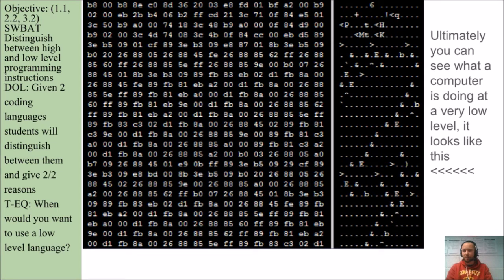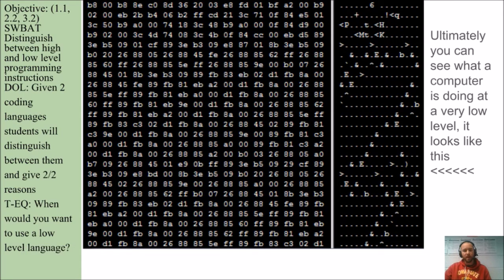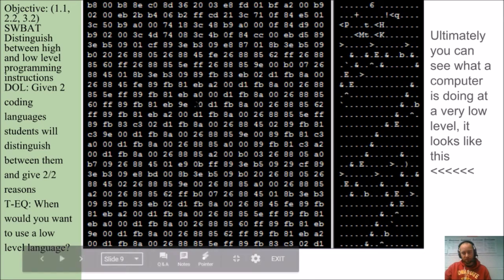Ultimately, you can see what a computer is doing at a very low level. It looks something like this. To the right-hand side here, we just have the ASCII equivalent of what's going on over here. Even though this program may not be looking at a text file at all, here is just another way to look at this instruction stream.